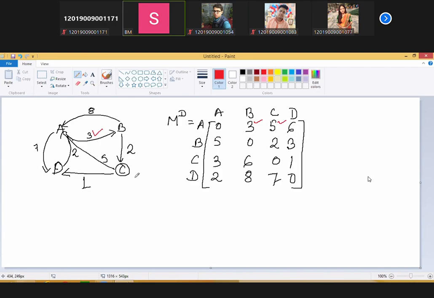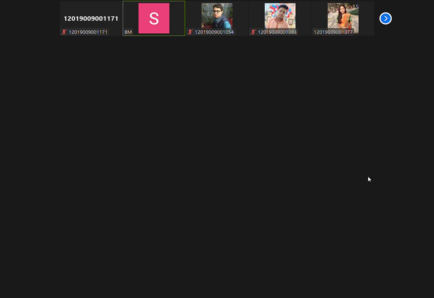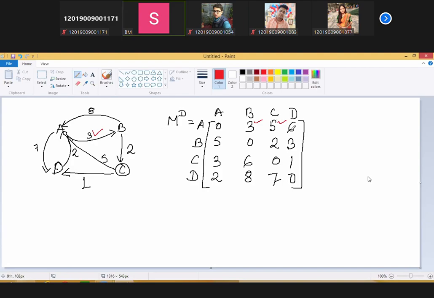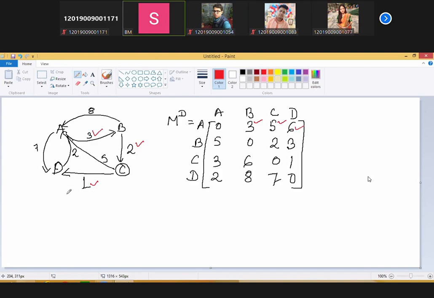A to D, it was 7, there was a direct distance of 7, but it is calculated as 6. So how can we get 6? 3, 2, 1. This 3, this 2, this 1, 6. Yes, 7 is the direct distance, but via this path you are getting 6.